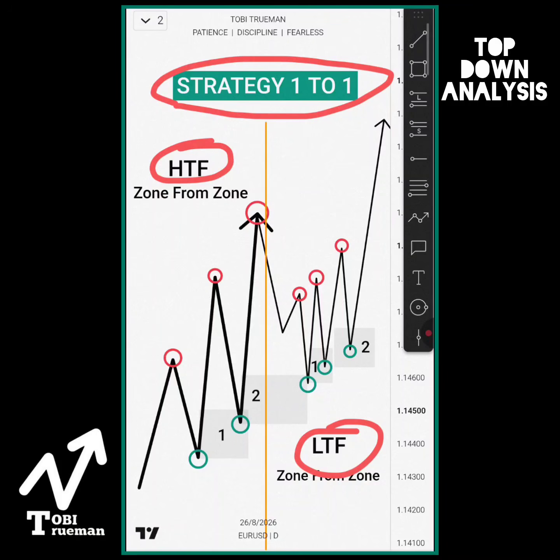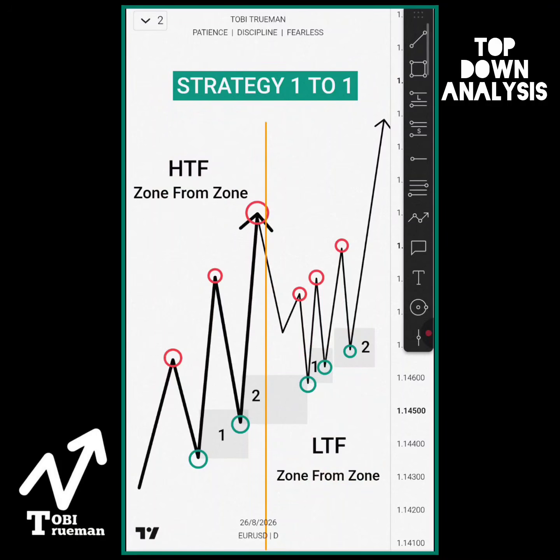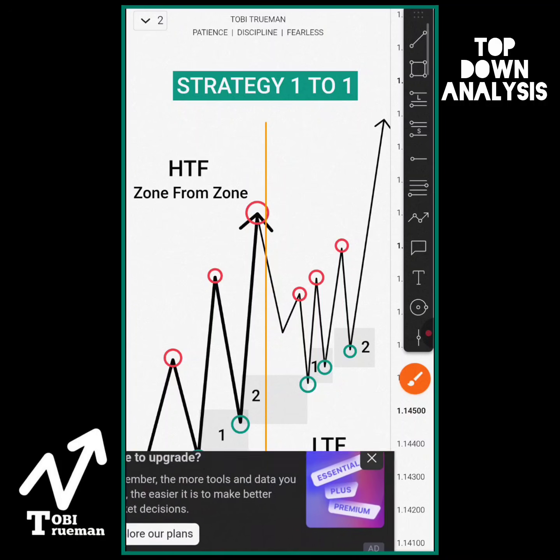We are going to be entering the trade on the lower time frame, and not on zone 2, not on zone 1, but usually from zone 2. We can also enter from zone 1, but for the purpose of this lecture, let's look at strategy 1 to 1, zone from zone, on a higher time frame, and then zone from zone on the lower time frame.